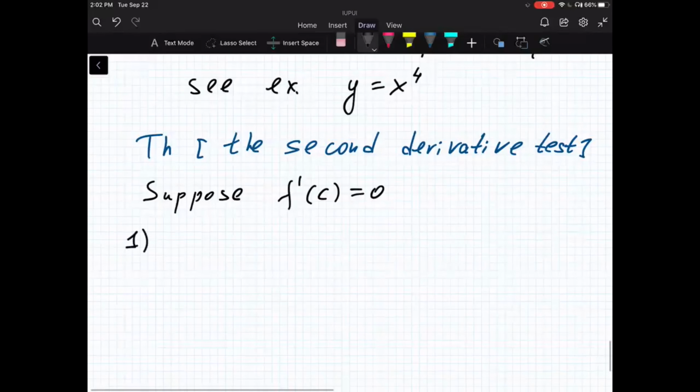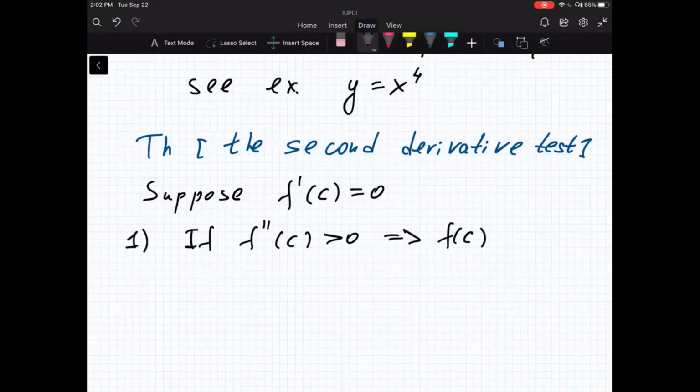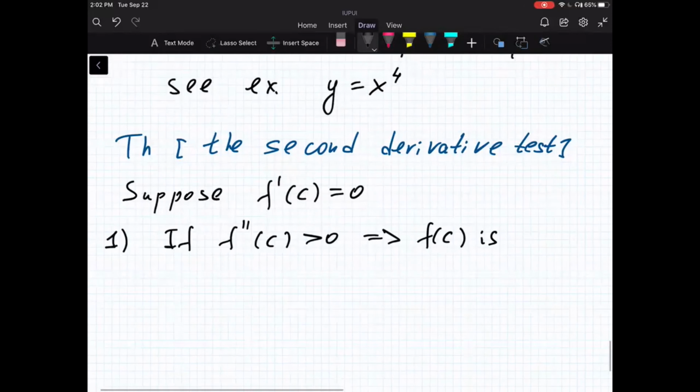Then if the second derivative at this point is positive, then f of c is a minimum value.